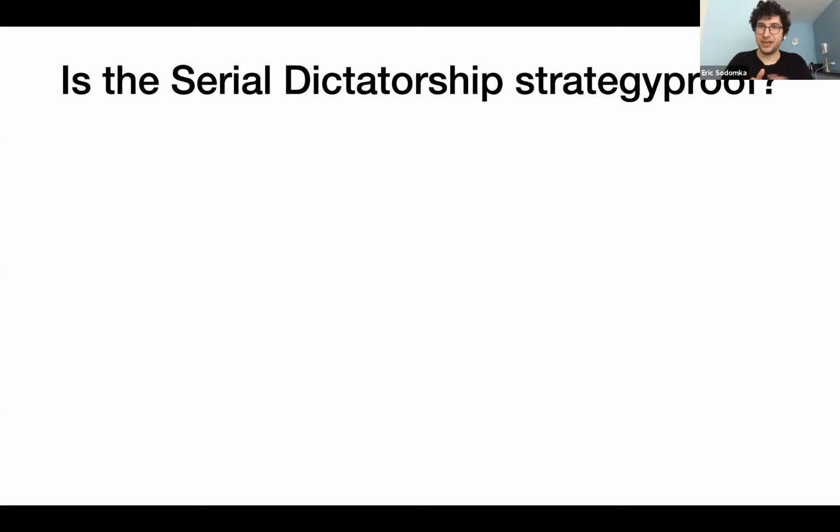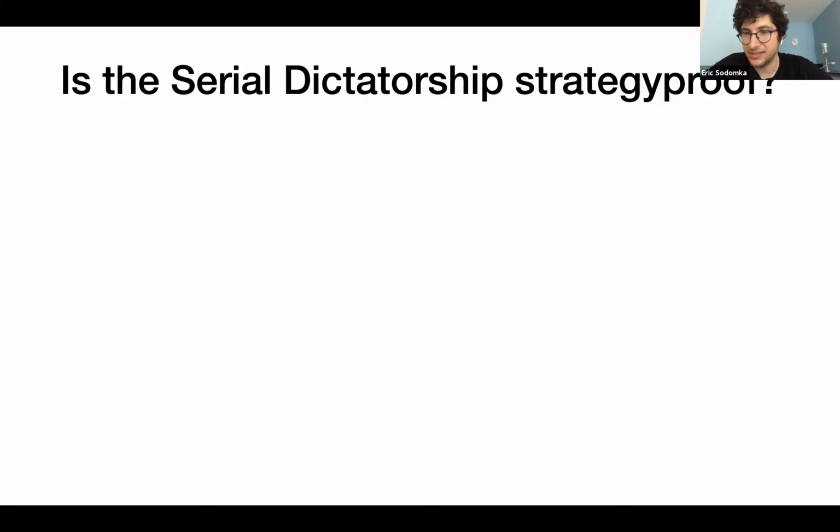And the question is, is it strategy proof? Is it actually in a person's best interest to state what their true preferences are? Or could they be better off by lying, saying they prefer book B to A when in reality they prefer A to B, and that somehow gets them a better outcome than they would otherwise?